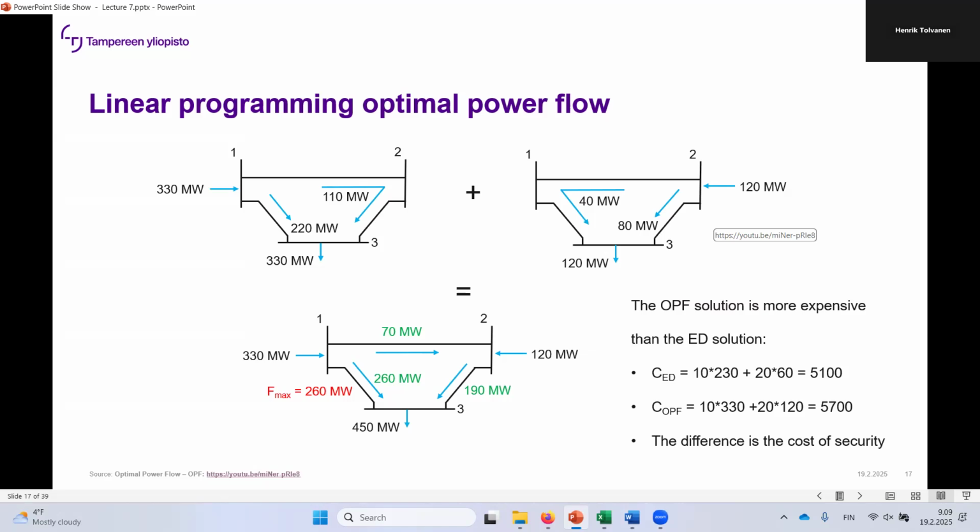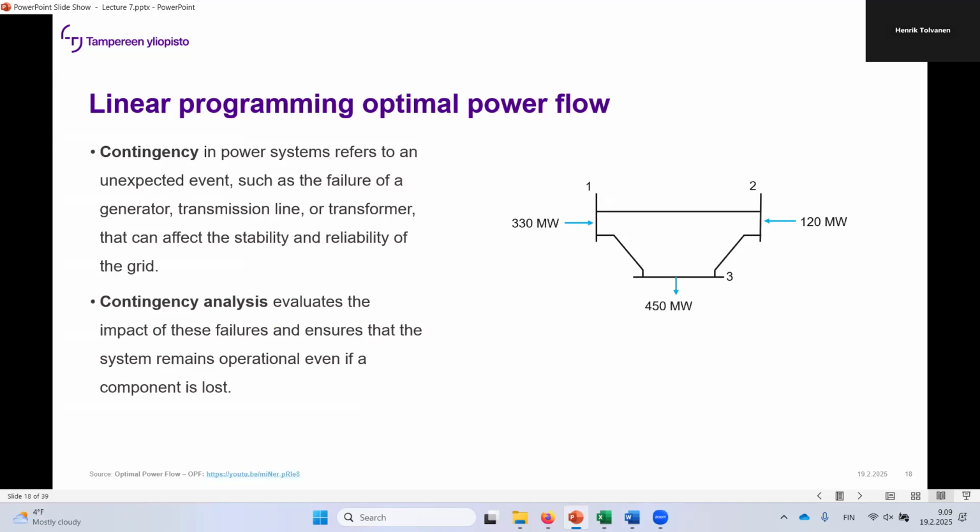But linear program optimal power flow problem. And what that also means is that we have to pay for the kind of energy security. So contingency in power systems refers to an unexpected event such as failure.